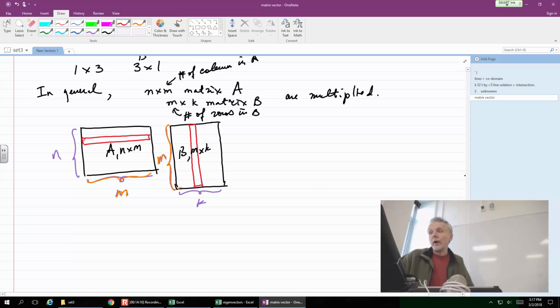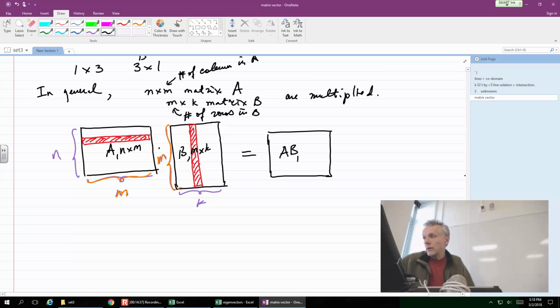These are the two vectors that I extract from my two matrices, and then I do the dot product with them. The result of this multiplication gives me exactly one entry in the new matrix. So I'm multiplying A by B. This is the new matrix, A B. The size is n by k.